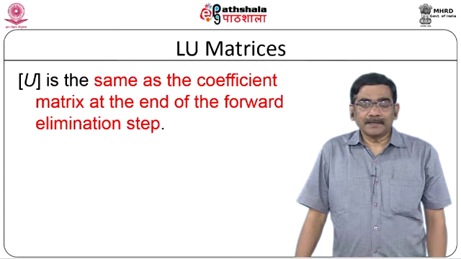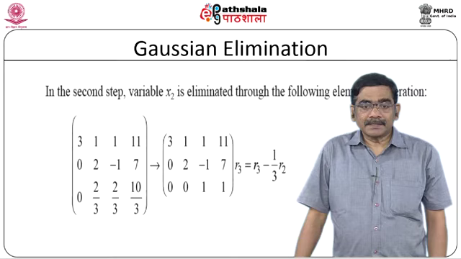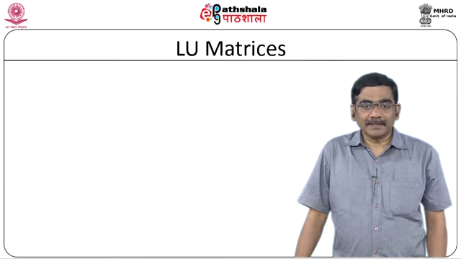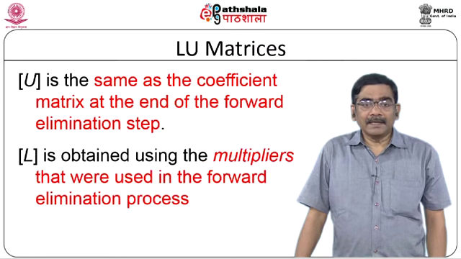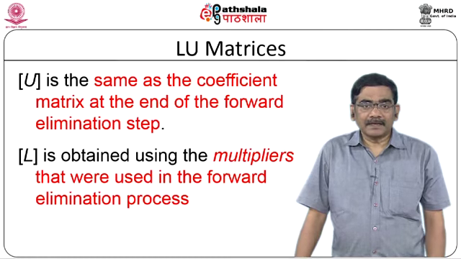So, that means whatever we have in the end is going to be the part of the matrix U, and L is obtained by using the values of the various multipliers that are used to eliminate the corresponding coefficients of the other equations.